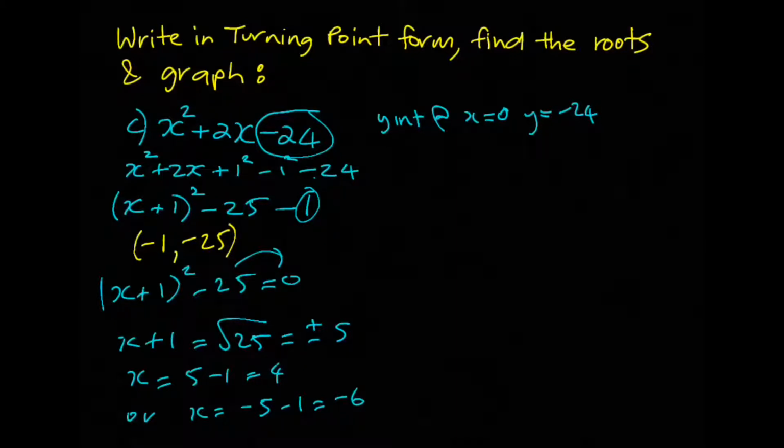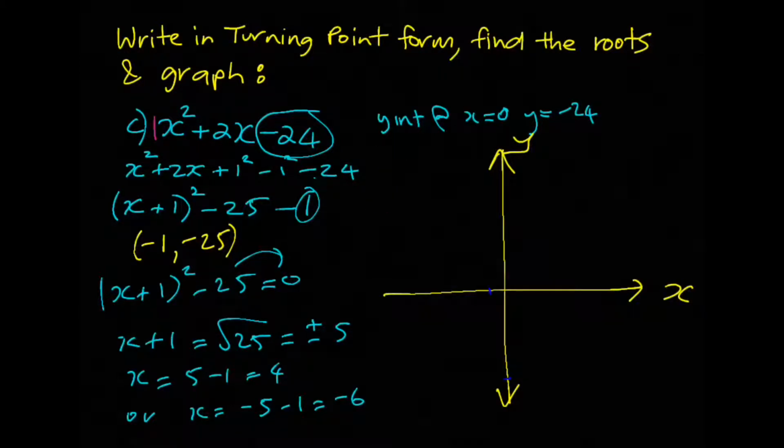And let's look at the coefficient of a is a positive 1. So we know it's this shape, not this shape. Okay, our turning point is at -1 and -25. And then we've got 1, 2, 3, 4, -1, -2, -3, -4, -5, -6.